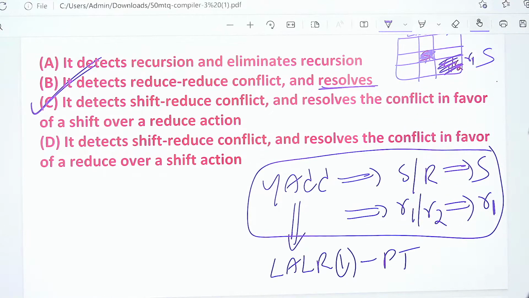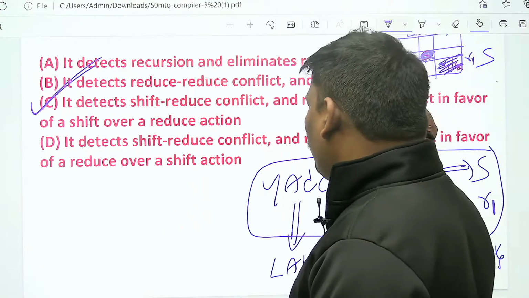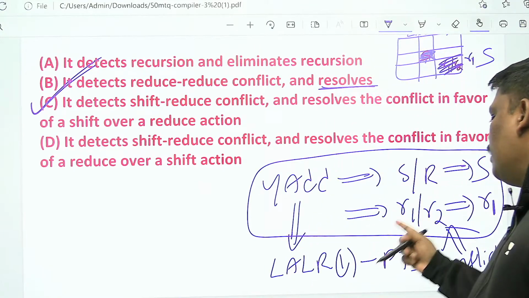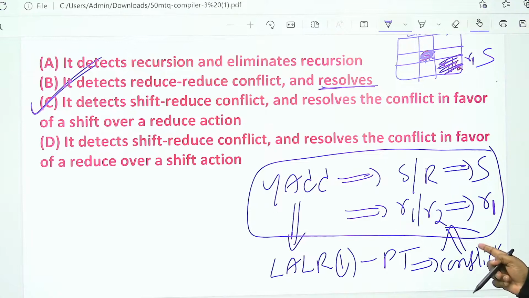Not only creating it, anywhere conflicts are there, it will resolve those conflicts. It will replace SR by S, and RR, R1 R2 by R1. That is the purpose.